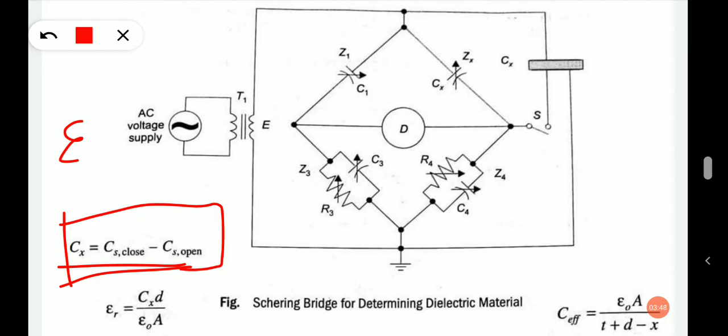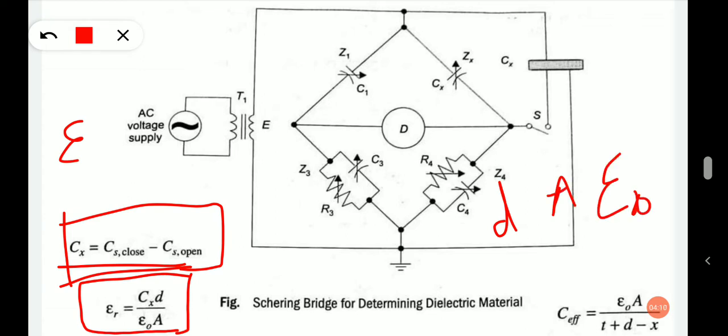The general relation for relative permittivity of a parallel plate capacitance is given as epsilon r equals Cx into d upon epsilon 0 a, where d, a and epsilon 0 represent the distance between metal plates, the area of plates, and the permittivity of free space or vacuum respectively.